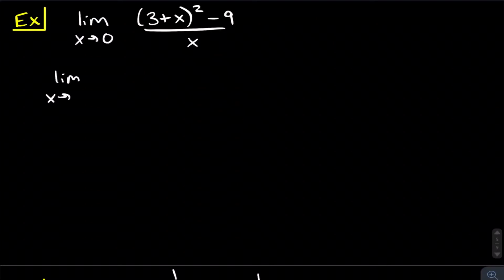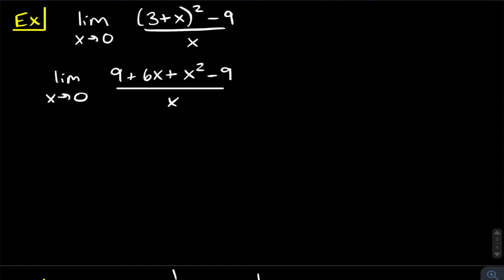So let's do that. If we expand the 3 plus x, remember this is 3 plus x times 3 plus x. I might be getting a little too basic here, so let me know if that's how you feel. But yeah, so we get a 9. We're going to get a 6x, and then we'll get an x squared. We'll get a minus 9, and we'll get all over x.